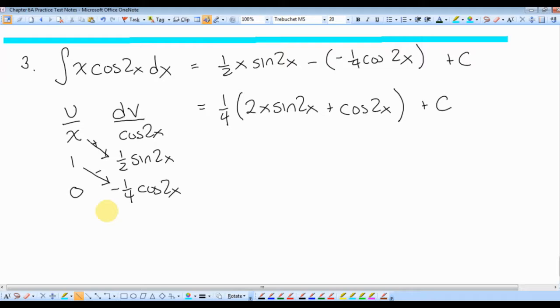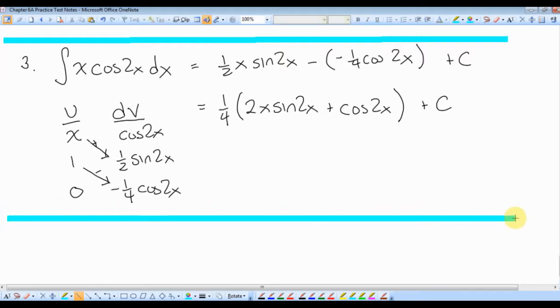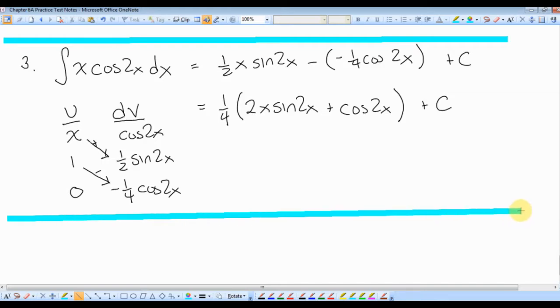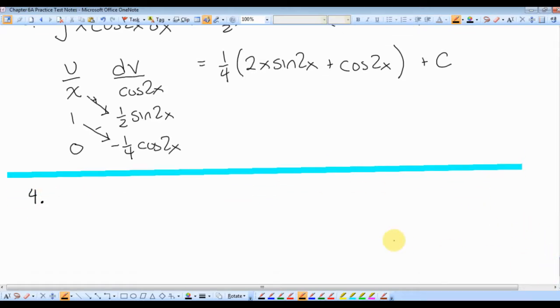Question 4. X squared e to the 3x. All right, before you go right to the tabular, is there a way I can use a u substitution?